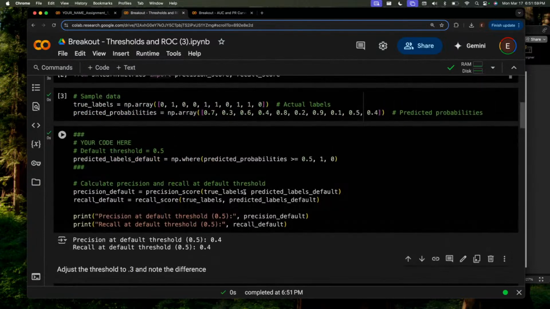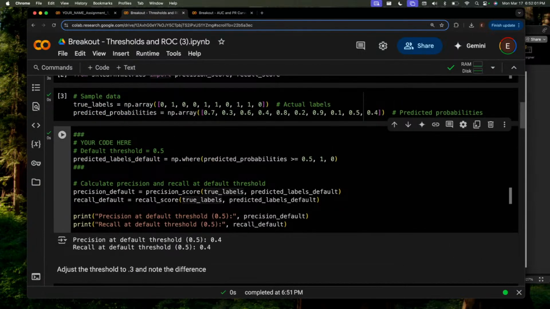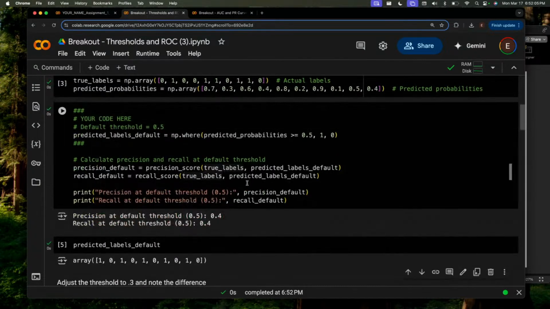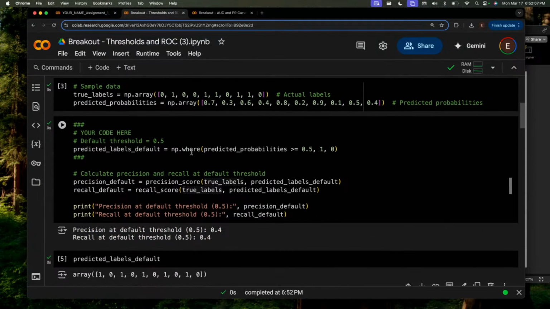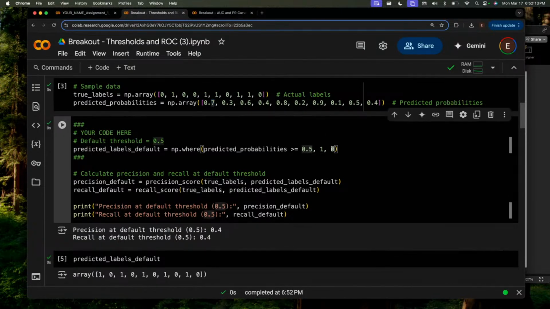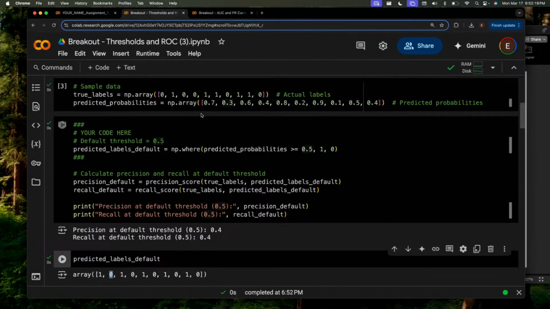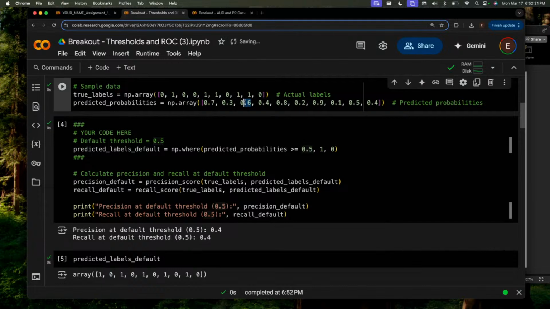All right, so look at that predicted labels default. It takes these probabilities, and if it's 0.7, it makes it a 1 because that's greater than or equal to 0.5. If it's a 0.3, it makes it a 0 because that is less than 0.5.